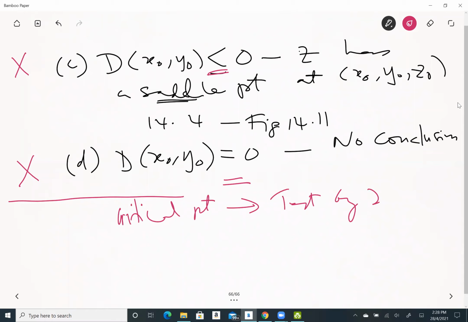So that is the test. All right. So in order to get a better understanding, we do a few examples. So let us start with example number 1. You go to 14.4, you look at example number 1 in the book. You can look at the book, I will just work it out.